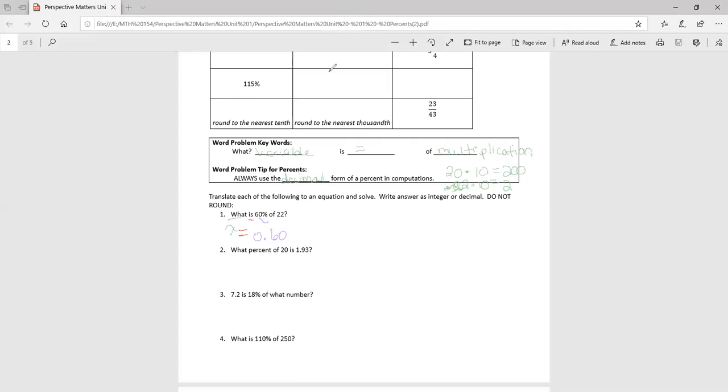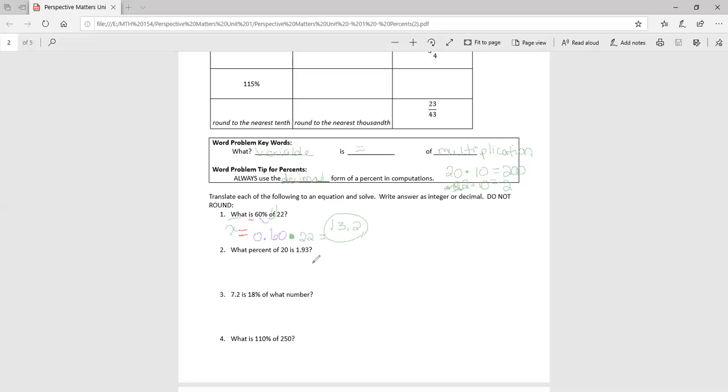And then let me get my other color. My of means multiplication. So we're going to multiply. I'm going to use a big dot for that of 22. So this is a straight multiplication. Take 0.60 times 22 and you get approximately 13.2 as your answer.